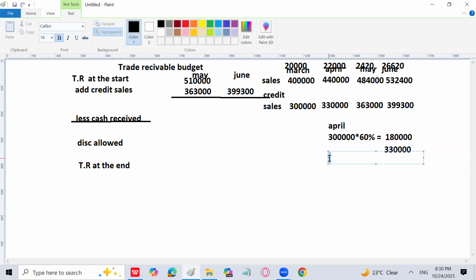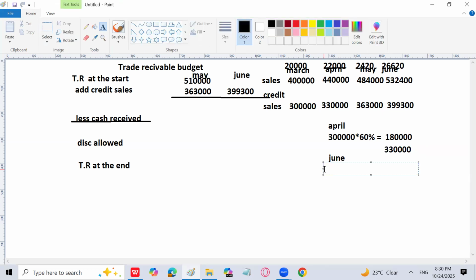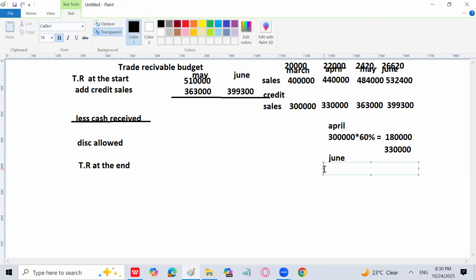Now let's talk about the trade receivable at the start of June. So trade receivable at the start of June are the same trade receivable, which should be trade receivable of 31st May. 31st May trade receivables are the trade receivable at the start of the June.